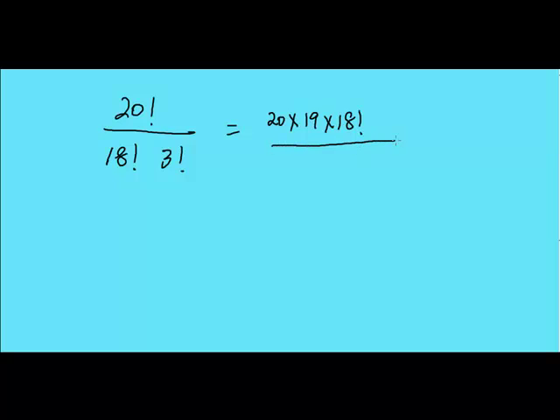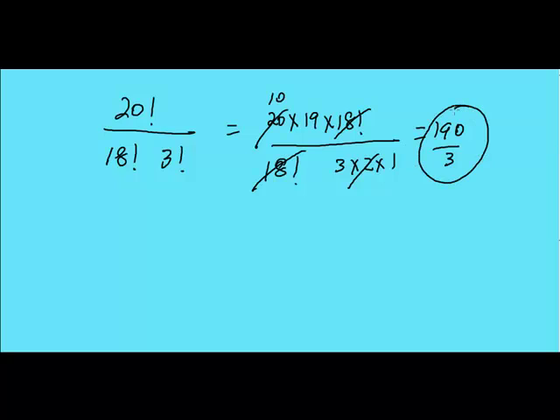I'm going to stop right there because I have 18 factorial on the bottom, and I can cancel out, but I also have 3 times 2 times 1. The 18 factorials cancel out. The 3 times 2 will reduce the 20 into a 10, so I get 190 on the top, and on the bottom I have a 3. And that's how you simplify factorials.